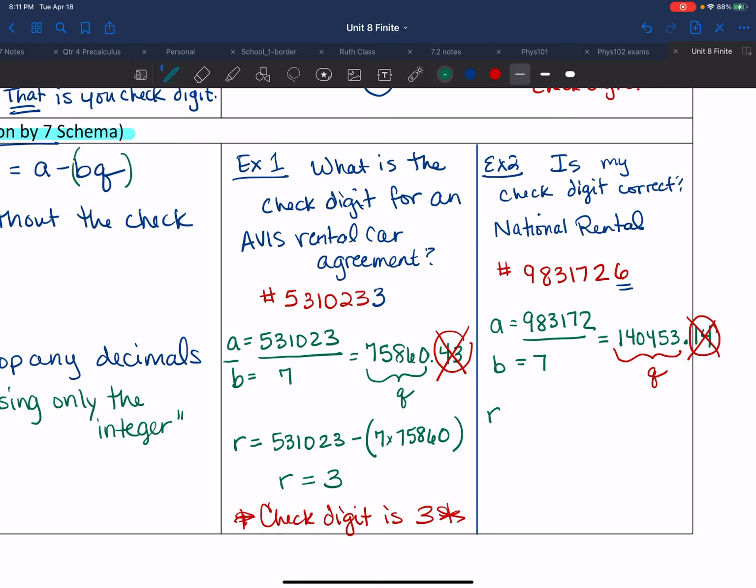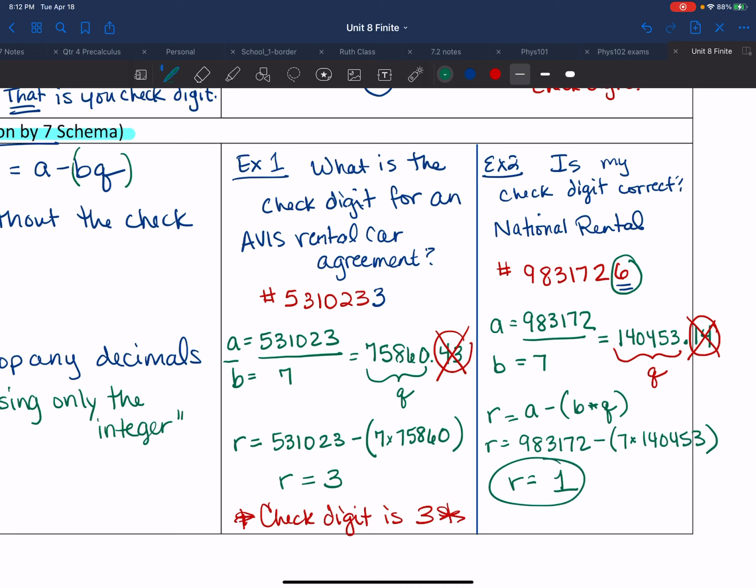So R is equal to A minus B times Q. So R is equal to 983172 minus 7 times 140453. And so that check digit should be the number 1. So is my check digit correct? Nope. It is incorrect.